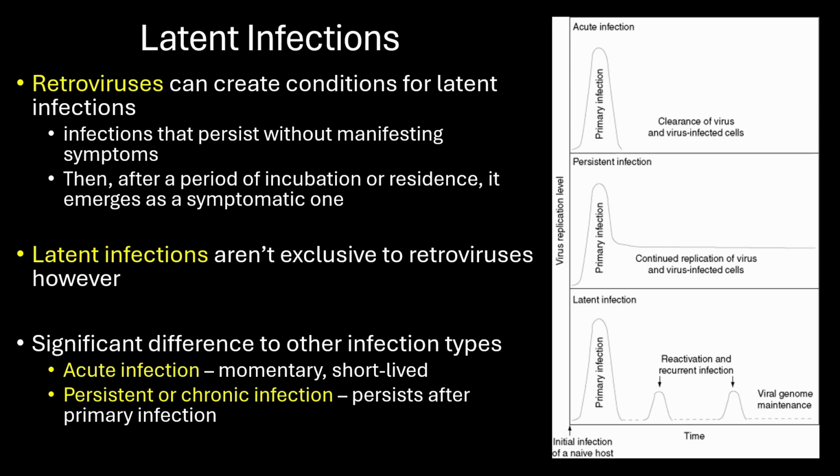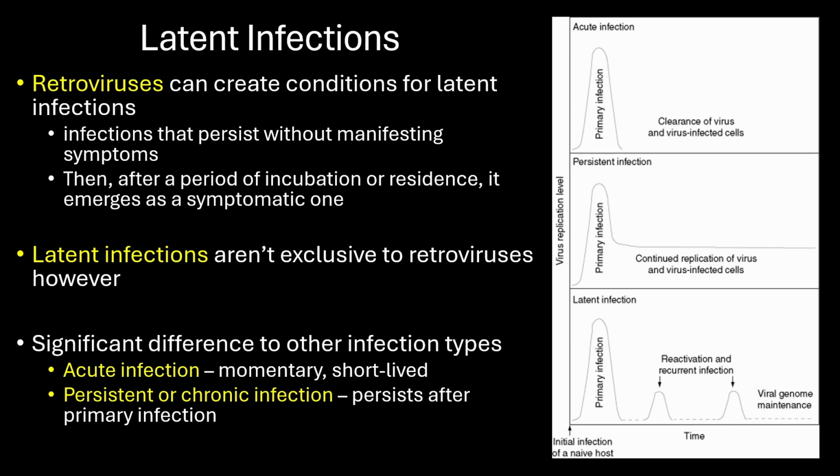When the virus infects you the first time, it finds its way into nervous tissue and then goes dormant for a long time. Only during periods of, for example, stress or weakened immune system or things like that can the hiding virus then emerge and become shingles, expressing itself in a different way.